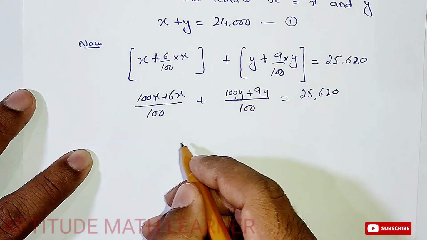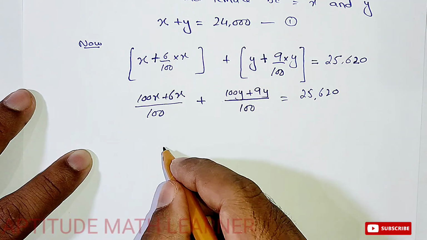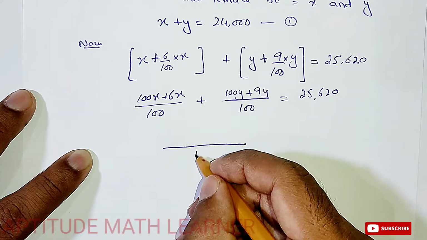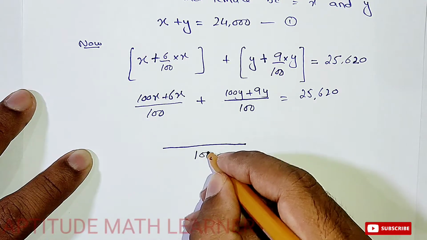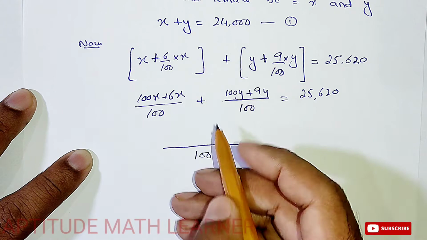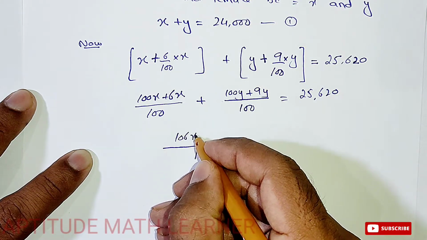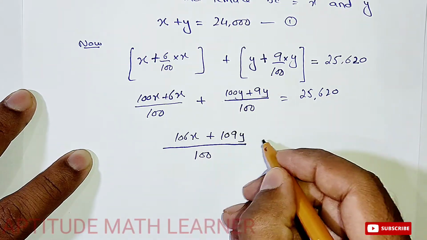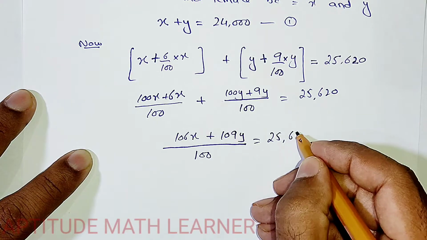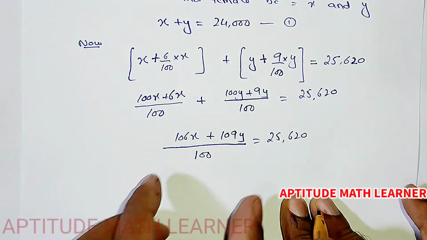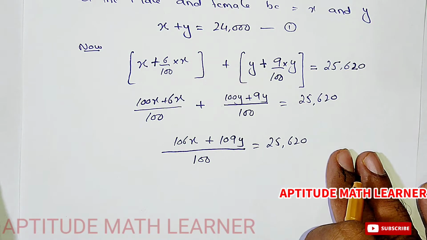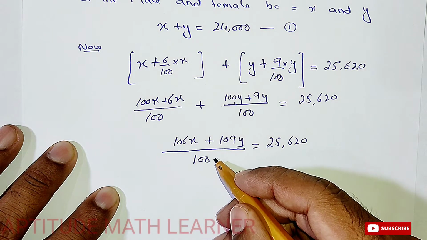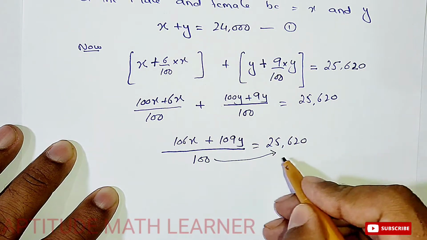Again we take the LCM of both. This is 100, so 100x plus 6x is 106x, plus 109y is equal to 25,620. I hope till here you have completely understood the method. This 100 will go upward and multiply by this digit.